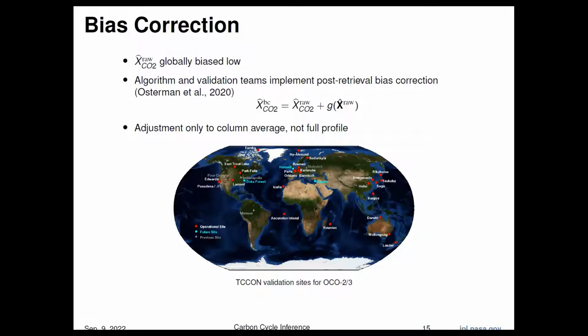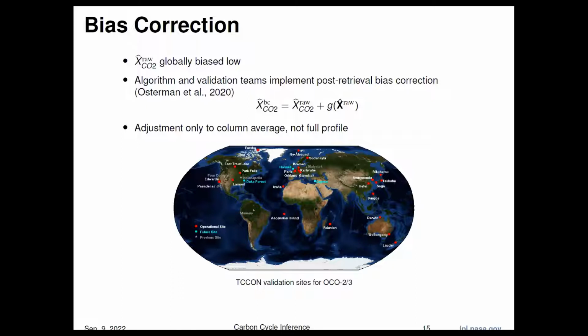As a result of some of those assumptions, what is found to be the case is that this X hat CO2 is biased. The most noticeable aspect is that it's biased low globally, and there are some regional and seasonal biases that show up as well.